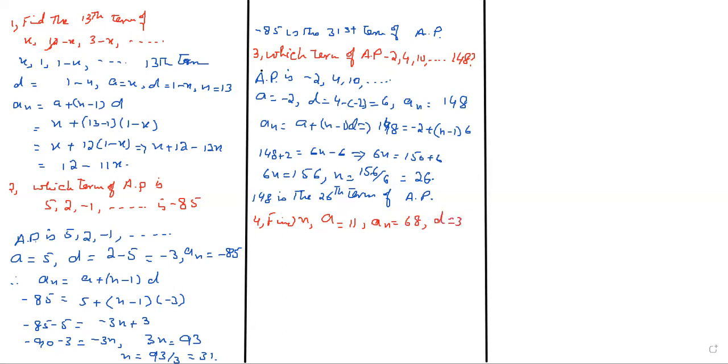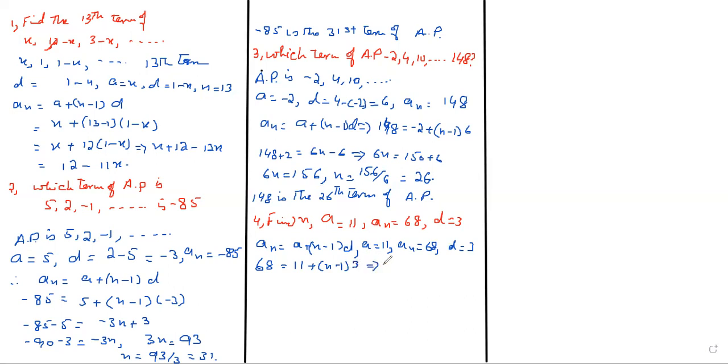So we know that an equals to a plus n minus 1 times d. Using the values, a is equal to 11, an equals to 68, and d equals to 3, we have 68 equals to 11 plus n minus 1 times d's value is 3.